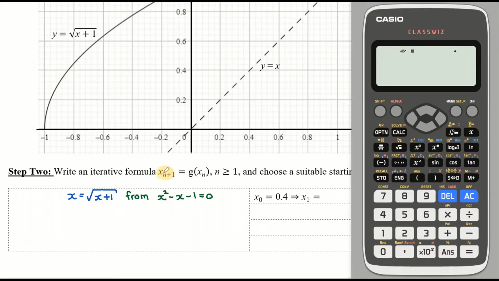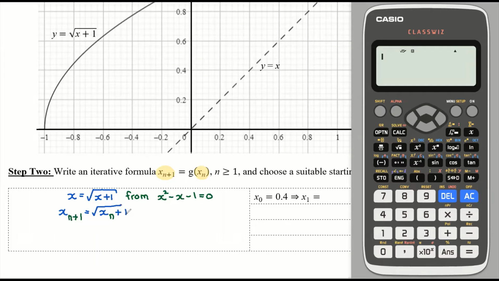The x that is not the subject but is on the left-hand side, we set as x with the subscript n plus 1, and then the x terms on the right-hand side we use the subscript n. So in our example in A2, the iterative formula is simply going to be x with the subscript n plus 1 equals the square root of x with the subscript n, plus 1.